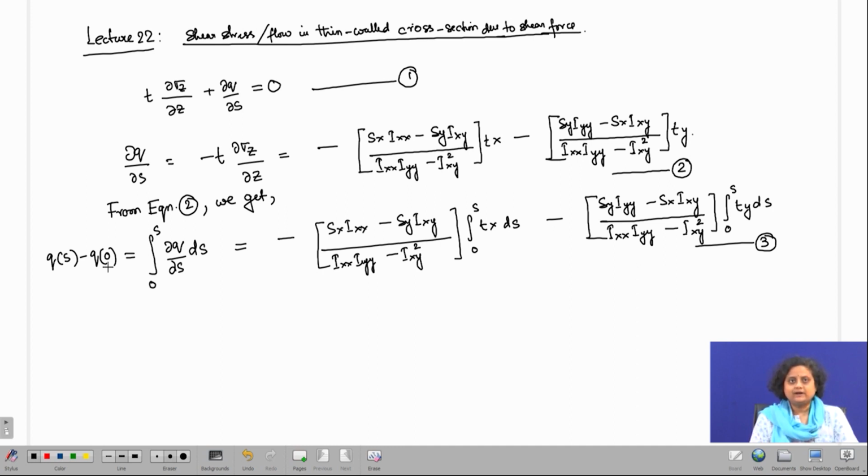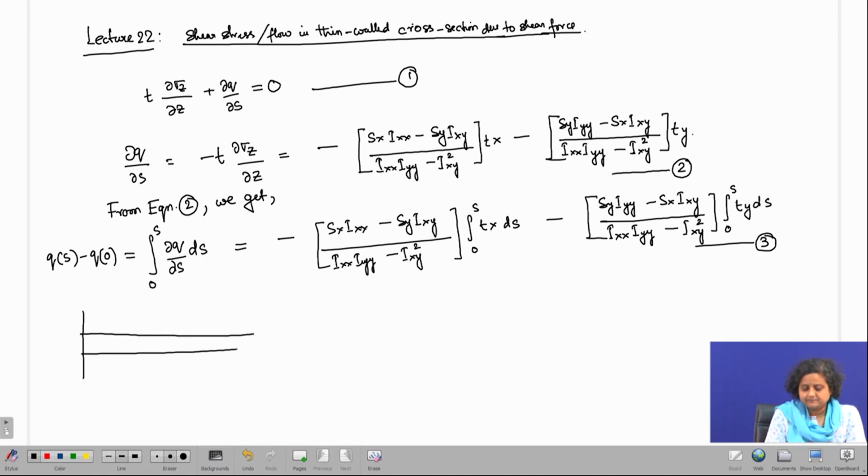This equation can be utilized to find the shear flow in a given cross section, from the information about the shear forces Sx and Sy and the sectional properties of the cross section. Let me explain through a figure what we are trying to find out.